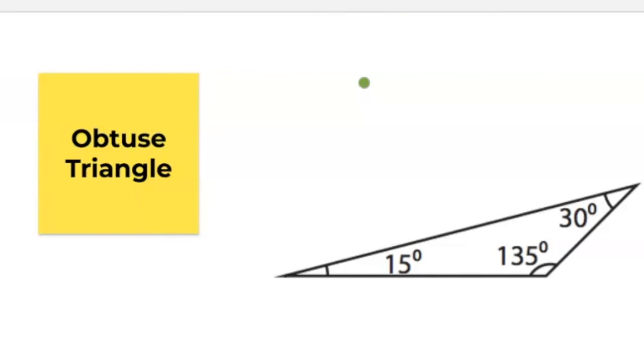In this problem here, it's classified as an obtuse triangle. Right away, I see that there is one angle measurement that is greater than 90 degrees, which is right here, 135 degrees. That 135 degrees is telling me that there is an obtuse angle, which means this entire triangle can be classified as an obtuse triangle.